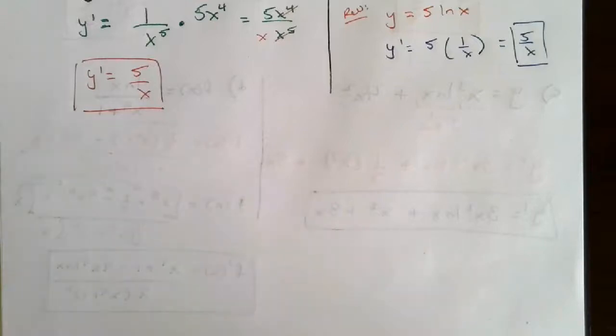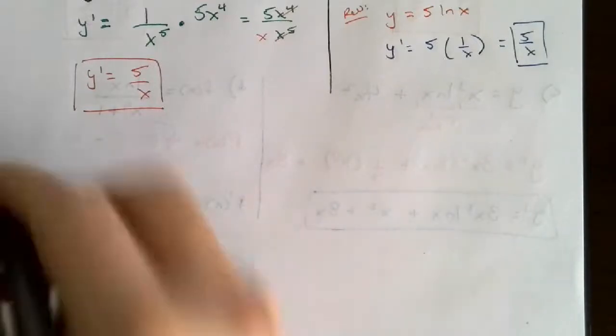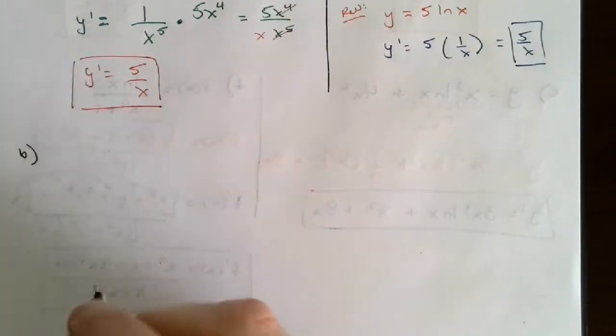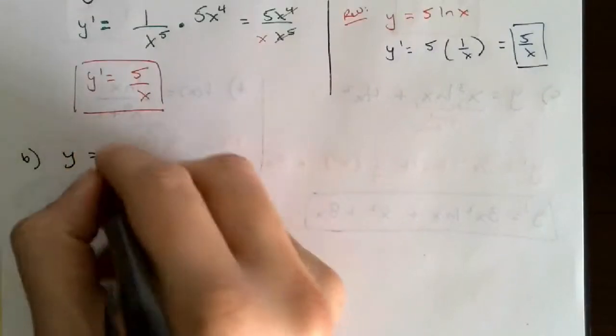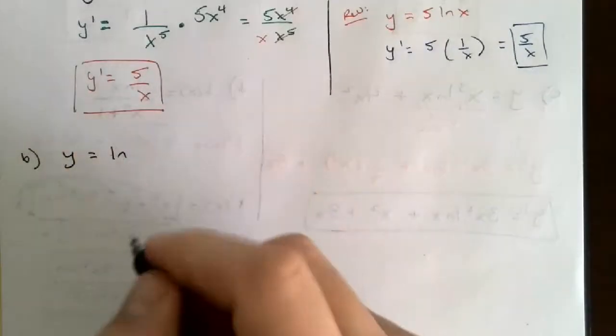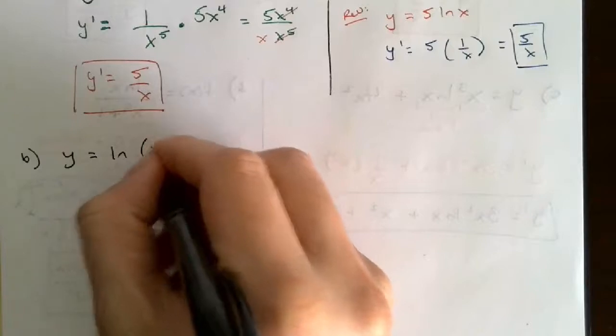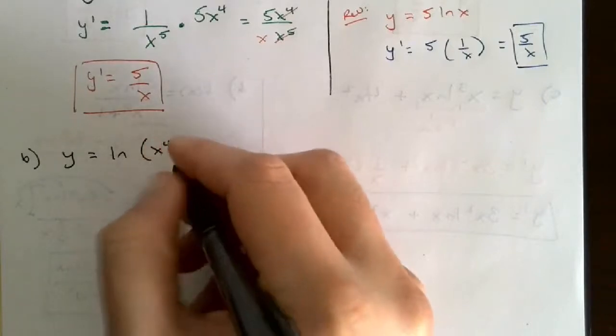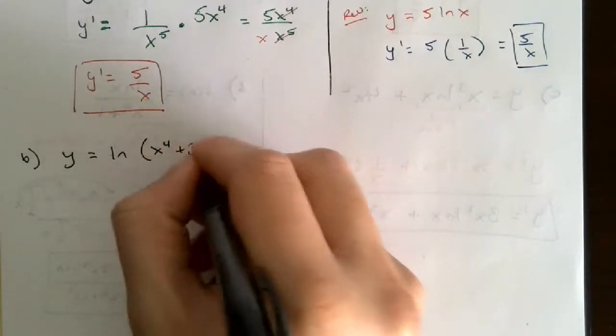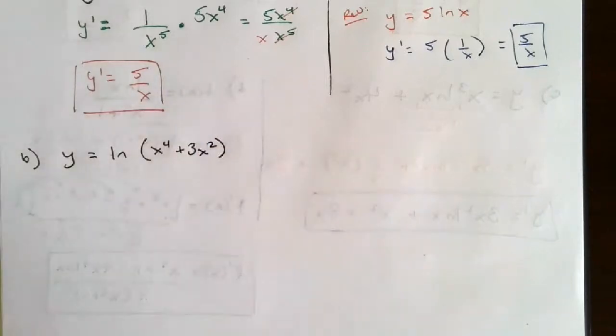If I said I had y equals the natural log of x to the fourth plus 3x squared. Okay, so this is the derivative of natural log of a function.